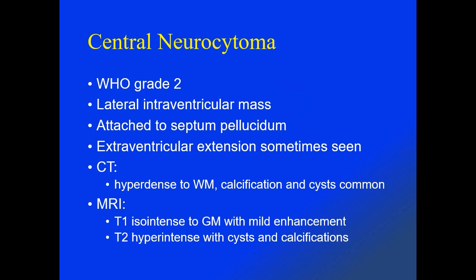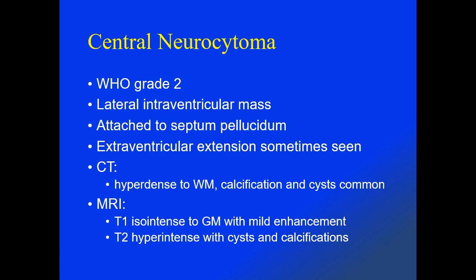This is a central neurocytoma, WHO grade 2. It arises as a mass within the lateral ventricle. The mass is contiguous with the septum pellucidum along its medial border, but the mass can be extraventricular in location or demonstrate extraventricular extension, and rarely it can be anaplastic and act more aggressively.